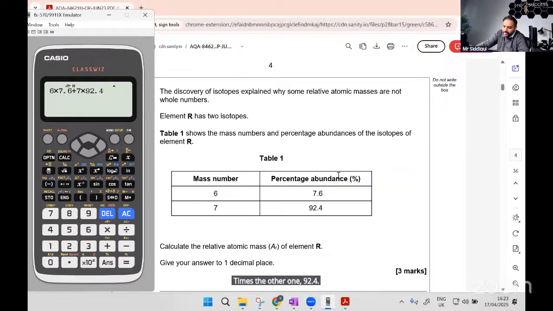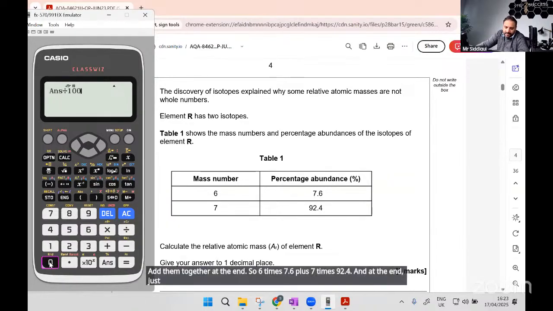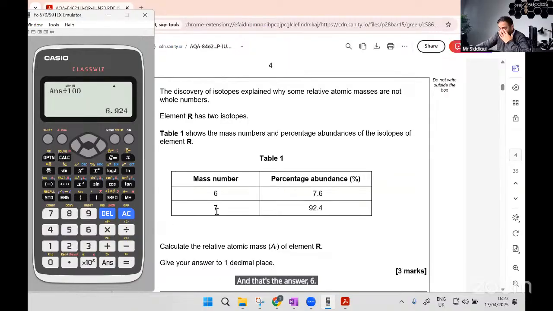So basically times the rows that you have, but add them together at the end. So 6 times 7.6 plus 7 times 92.4. At the end, just divide the answer by 100. That's the answer, 6.9. So multiply the numbers in the rows, add them together, divide by how many there are.